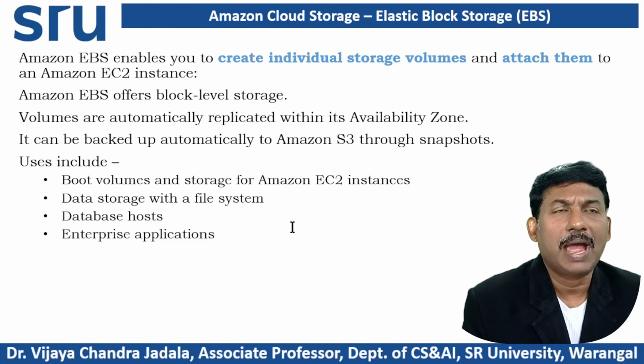It can be backed up automatically to Amazon S3 through snapshots. Then the uses are boot volumes and storage for Amazon EC2 instances, data storage with a file system, then database OS, then enterprise applications.